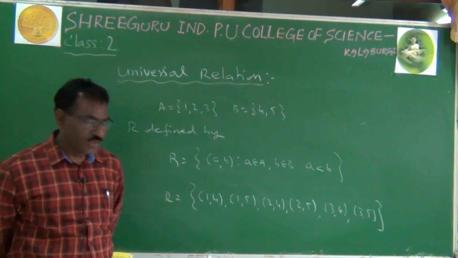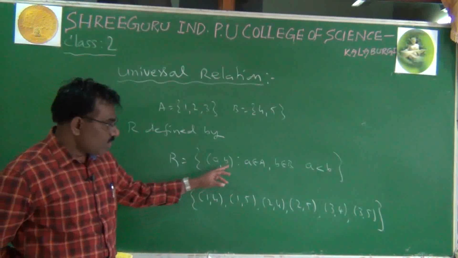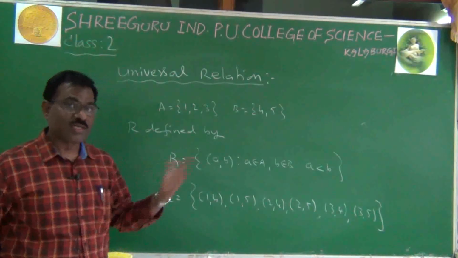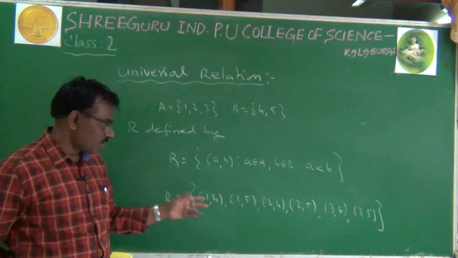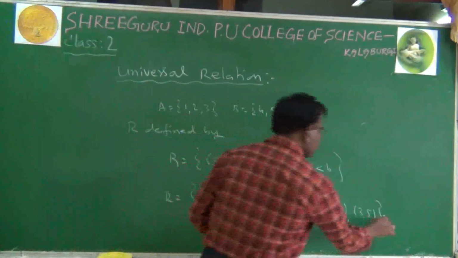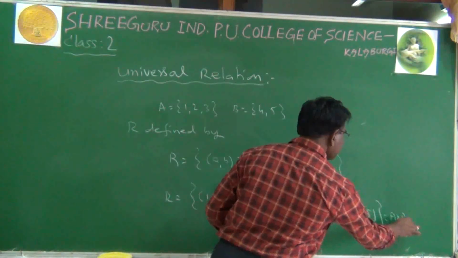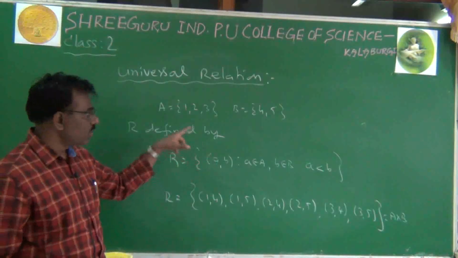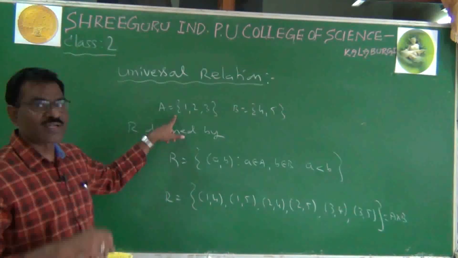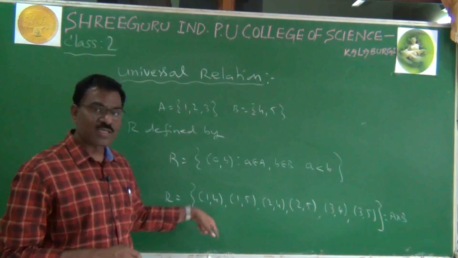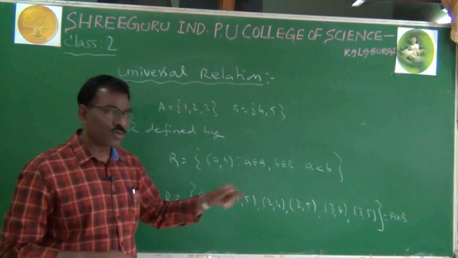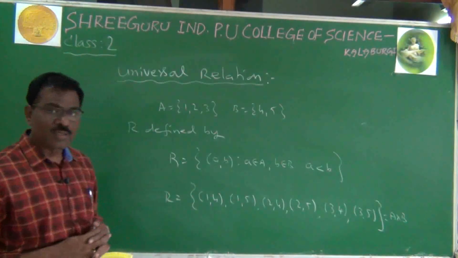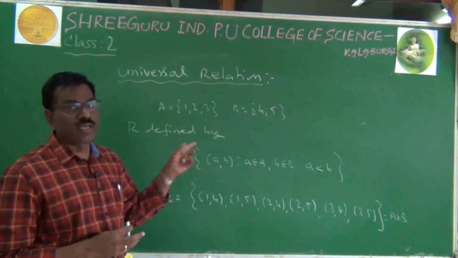Total 6 pairs. I think this is called A cross B. All are present. How many ordered pairs in A cross B? 6 are there. So the relation R has 6 only. So R equal to A cross B. This is called universal relation on A and B.